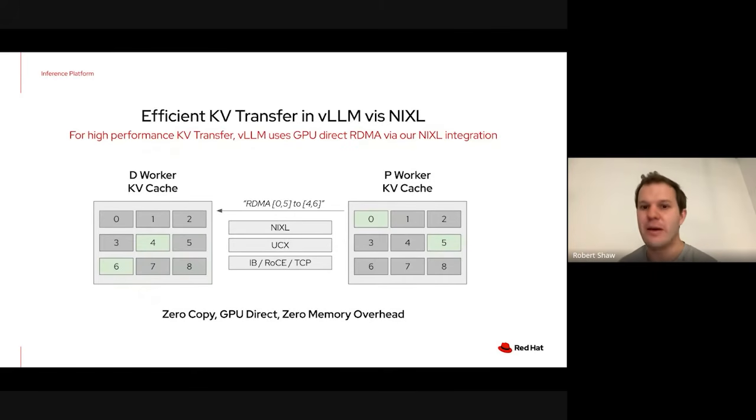And inside of vLLM, we use GPU Direct RDMA, where the data will be transferred directly from the GPU memory of the prefill worker to the GPU memory of the decode worker with zero copy and without having the kernel involved.